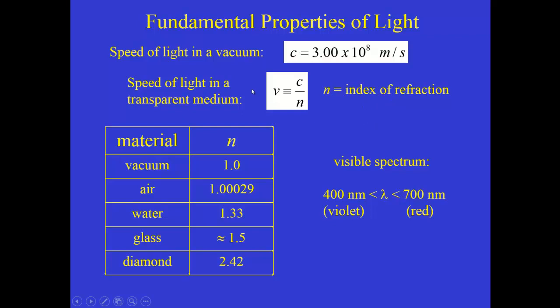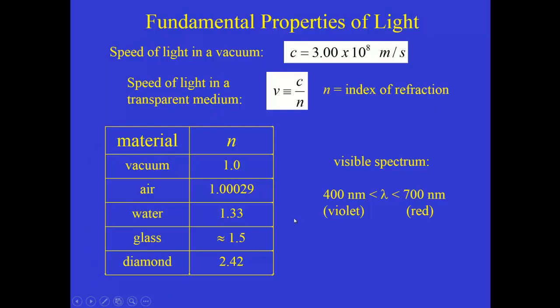Now, in a medium, a transparent medium through which light can propagate, its velocity is actually reduced. Experimentally, we can see that the value is not 3 times 10 to the 8th, but is actually somewhat smaller. And the factor by which the speed of light decreases is called the index of refraction, and we give the symbol n to this. And you can see some typical values.